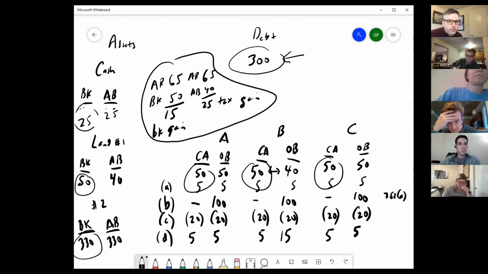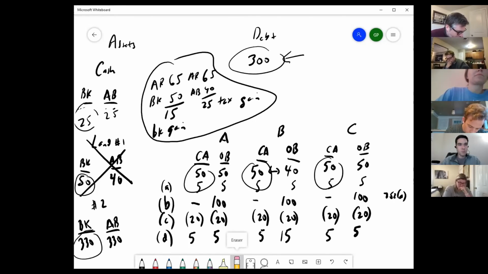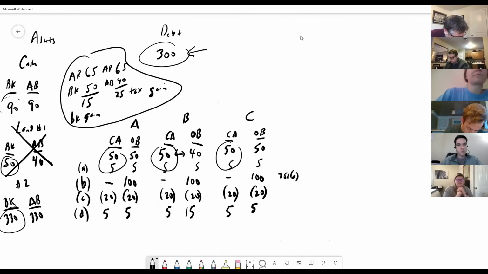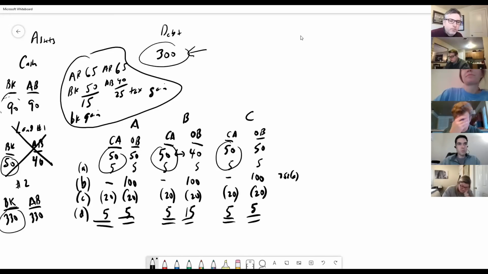And so now land 1 is off the books. And now we have 90 of cash. Cash goes from 25 to 90. So we can add this all up. Here, let's see, sum everything together, do some checks to make sure we haven't screwed anything up.